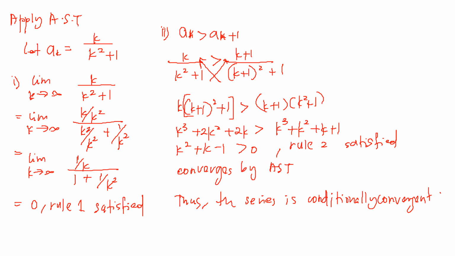So what you need to do to check whether a series converges absolutely, converges conditionally, or diverges: the first step is to take the absolute value of the series, and then find out what kind of test is appropriate. After the first test that you get is diverge, you have to do the AST test to show that it is conditionally convergent. Or if you do the AST test and you get diverge, you can conclude that your series diverges. Okay, so now we can proceed.